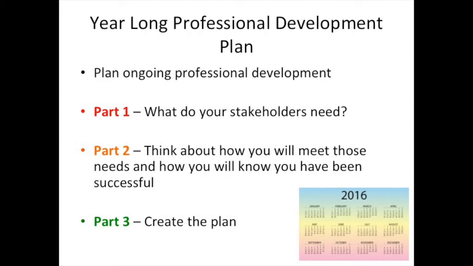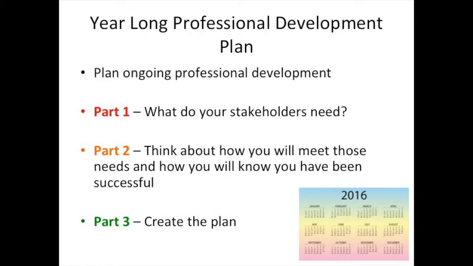And for our work in this lesson, we're just going to focus on part 1, but I want you to see how part 1 fits within the structure of the entire assignment. So part 1, we're going to figure out what it is that our stakeholders, or the people that we're working with, need.